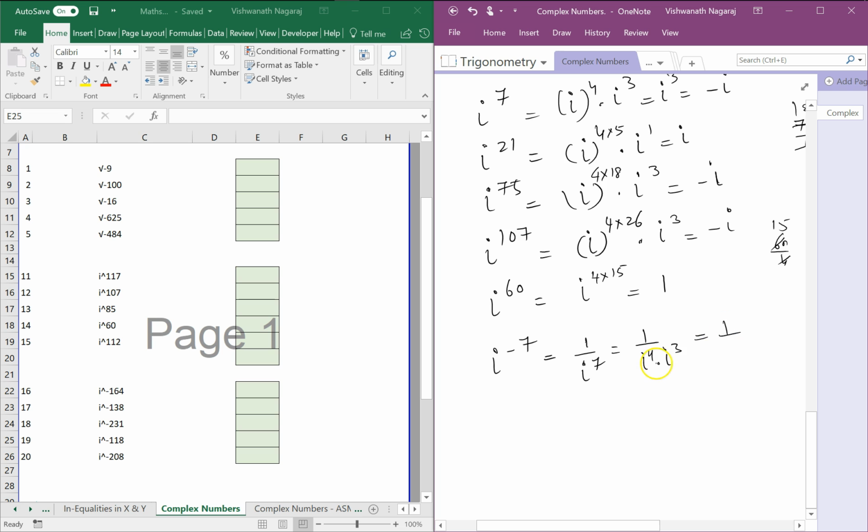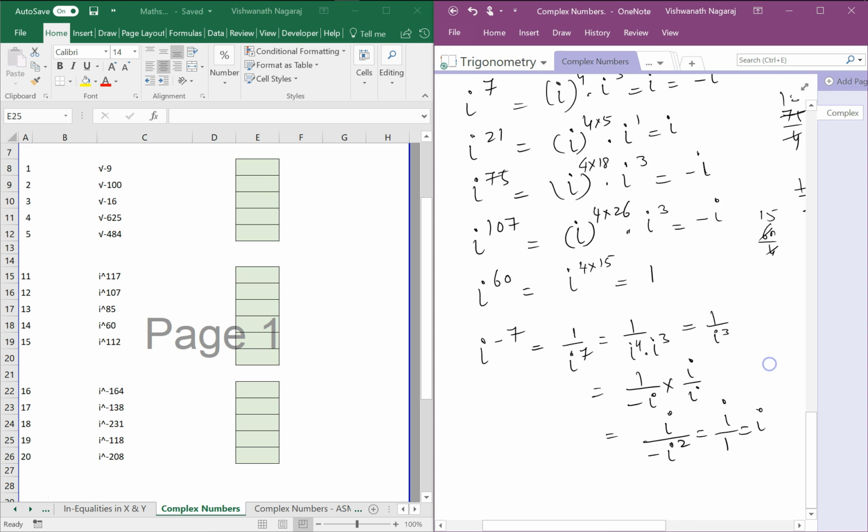Multiple of 4, so 1. So you're left with i to the power of 3, which we know is minus i. So let's rationalize this. So 1 by minus i, that is i by minus i squared. Minus i squared is minus of minus 1, so minus into minus 1 is plus 1, which is i.